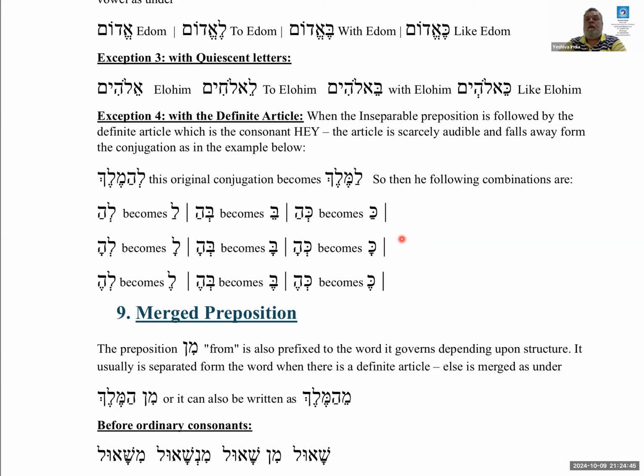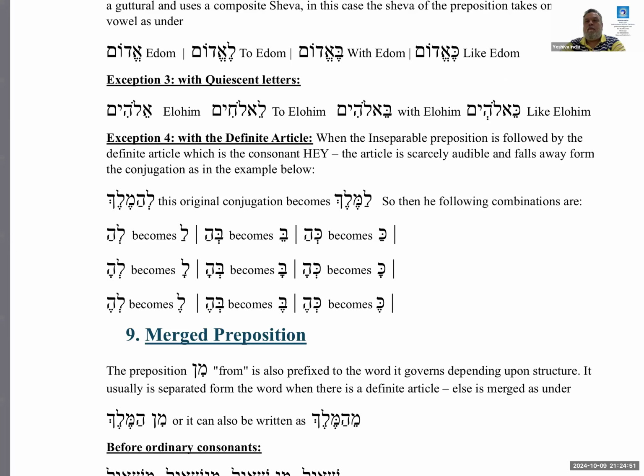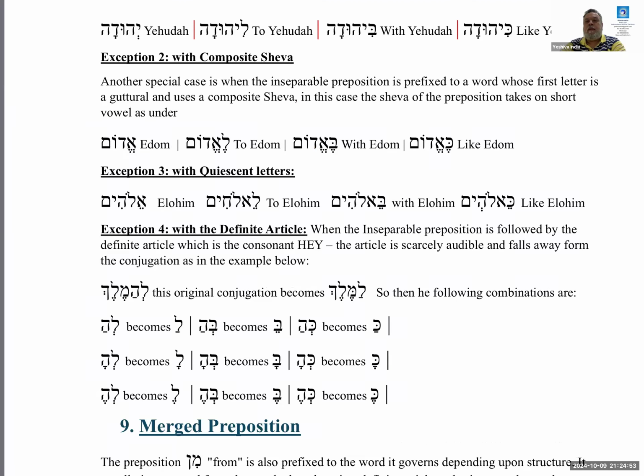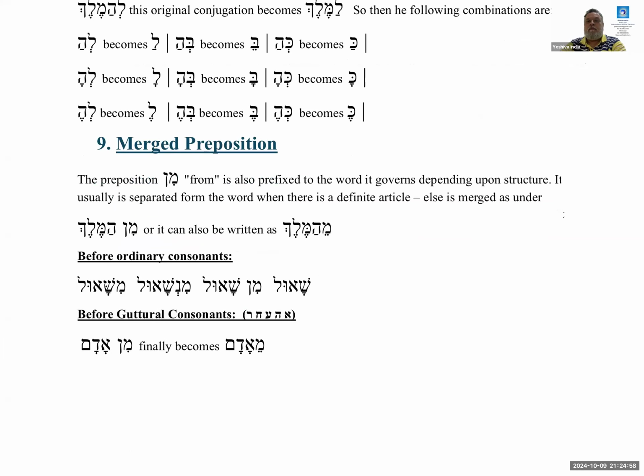Okay. These are all the rules of preposition which you will find in biblical Hebrew. Now, what about the merged preposition? The preposition min, which is basically from. It is the only preposition that is separate from a word. It's not.